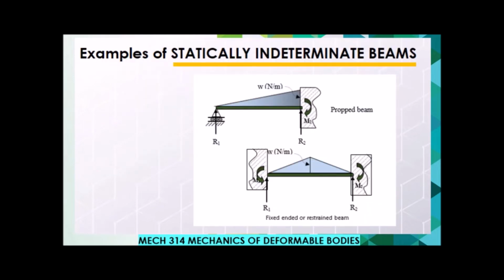So, ito class yung sample ng mga statically indeterminate beams. So, first, we have a propped beam wherein yung one end niya is roller and yung one end is fixed end. The other example is yung fixed-ended or restrained beam.